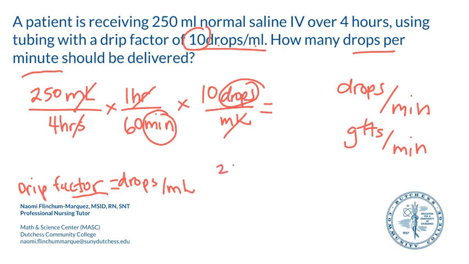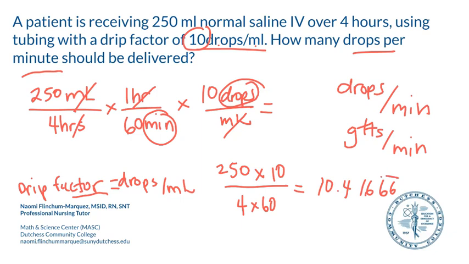So we would do 250, sorry my screen's getting messy here, times 10 over 4 times 60 equals 10.41666, repeating, drops per minute.